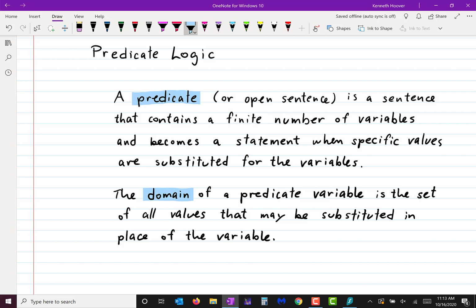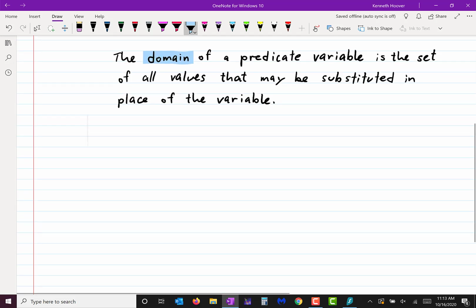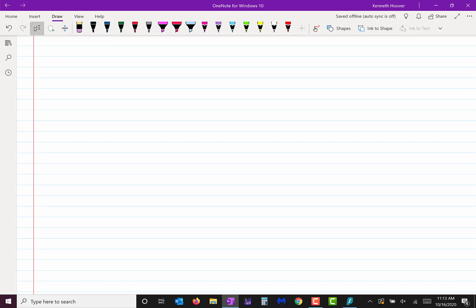So let's do an example just to get an idea for this here, and we'll use numbers to make it simple. Let's write P of x, and that will stand for x squared is greater than x.